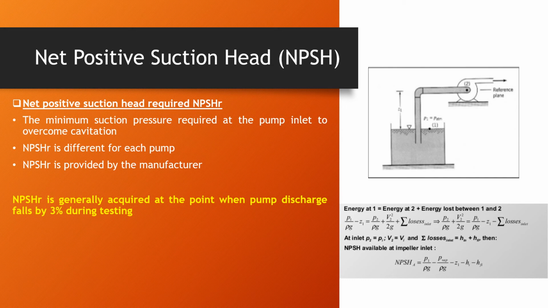Then net positive suction head available would be equal to P1 over rho g minus Z1 minus your losses, minus the vapor pressure head, P vapor over rho g. So if you have questions out of this, we're going to be going over this in the class again. But try to understand this and do come up with questions during the lecture time.